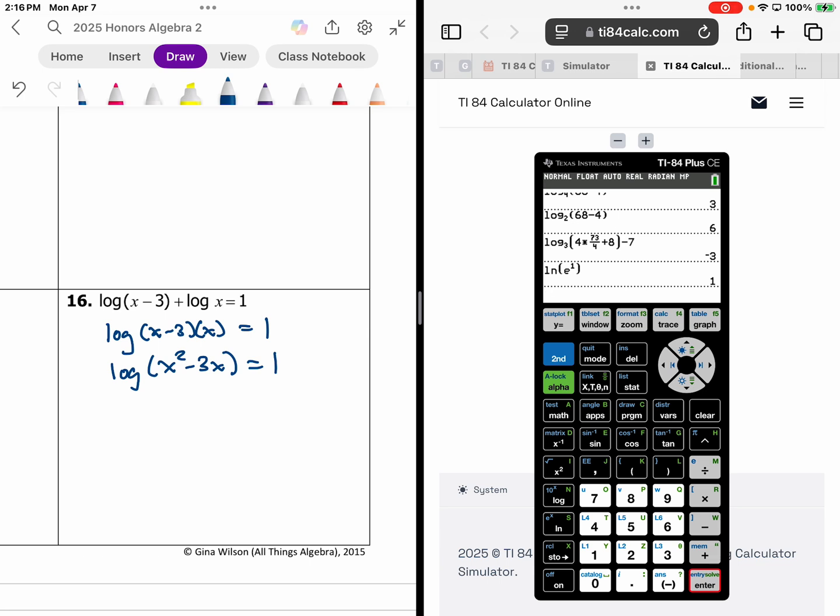Remember, I have technically a 10 down there on the tail of the g. So 10 to the first power equals x squared minus 3x. Then we move the 10 across. We get 0 is equal to x squared minus 3x minus 10. Then we think about factoring.